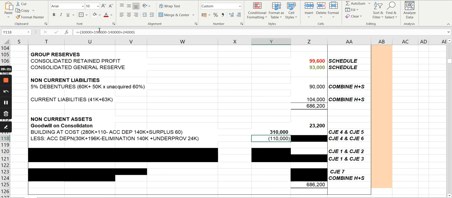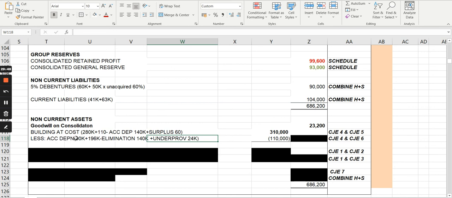The one that will remain here is 110 because you eliminate the accumulated depreciation that happened on the date of acquisition, or the one before the date of acquisition was being eliminated, and the under provision of depreciation of the subsidiary is being added because you debit retained profit, right? And you credit accumulated depreciation.